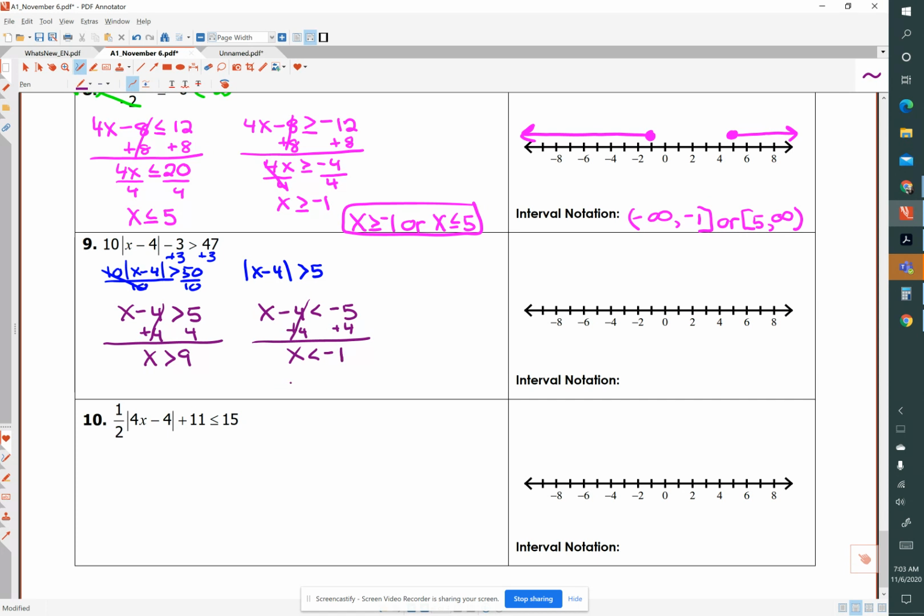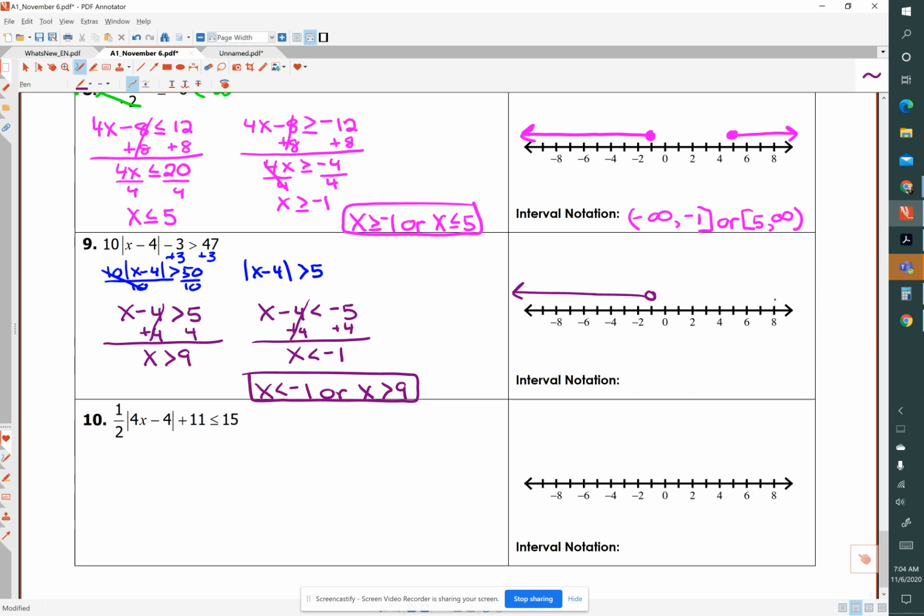So this is another OR inequality. We have x is less than negative 1, or x is greater than 9. So let's do our x is less than negative 1. Here's our negative 1. Open circle for less than, and showing that the solution goes all the way to negative infinity.